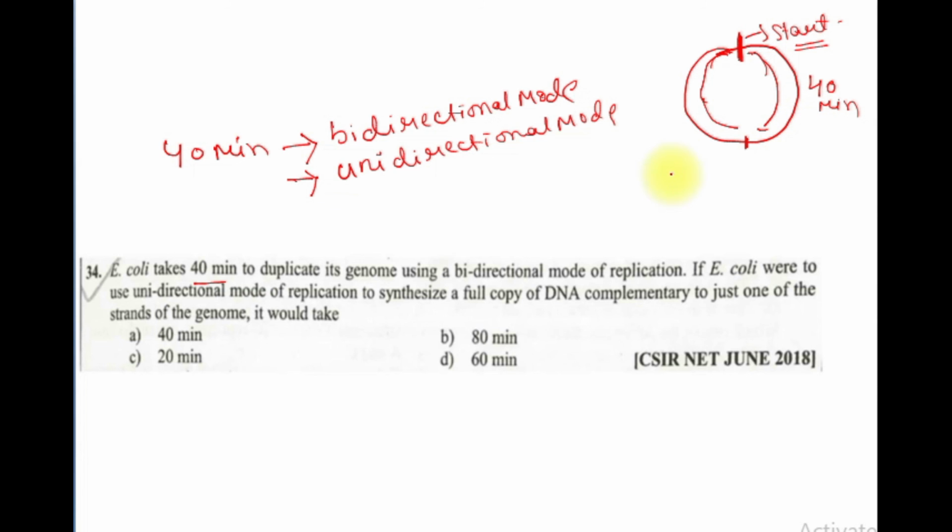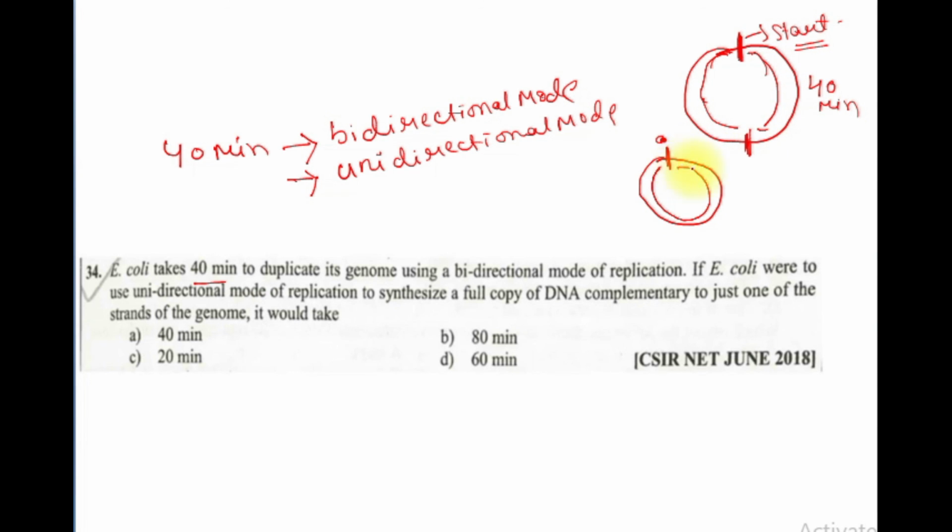Now let us take another scenario. Here is a DNA which needs to be replicated, and this is the starting point. If it is allowed to replicate in only one direction, it will complete the replication in this region. In the previous case it was completing the cycle in the middle, so it was taking 40 minutes.